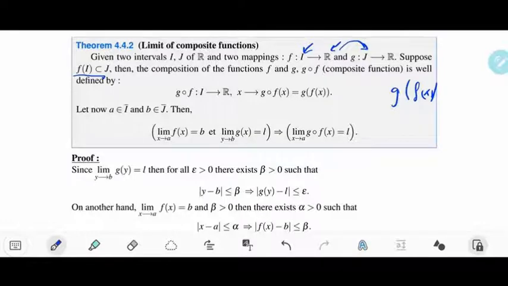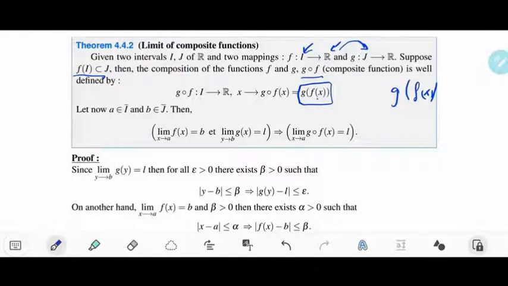Then the composition of the functions f and g, that I denote g round f, the composite function, is well defined by g round f going from I into R, because f will send it to f of I, which is included in J, and then g will send it to R. It's defined as being g of f of x.